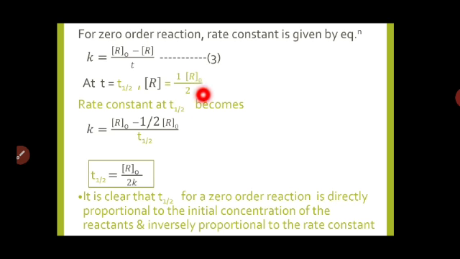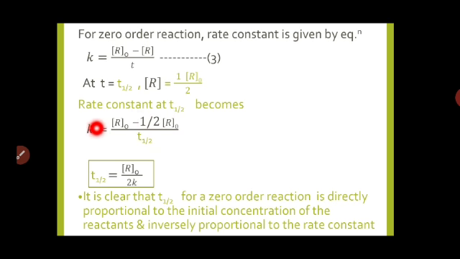It can be written as R naught by 2 or half into R naught. Both are the same. Now the rate constant at t half becomes K is equal to R naught minus, instead of R, we have to write R naught by 2, divided by t half.